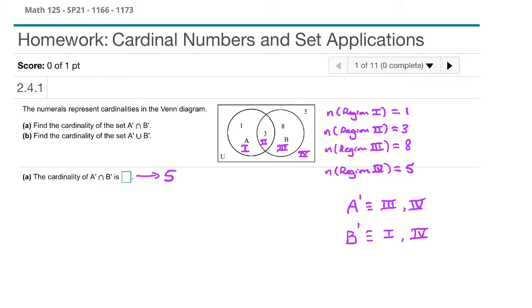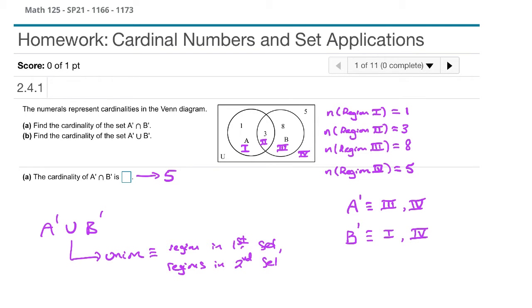Now, if we want to do the same thing for the set A prime union B prime, what we're remembering is that the union really takes everything. So it takes all of the regions in the first set, the regions in the second set, or the regions that are common to both.